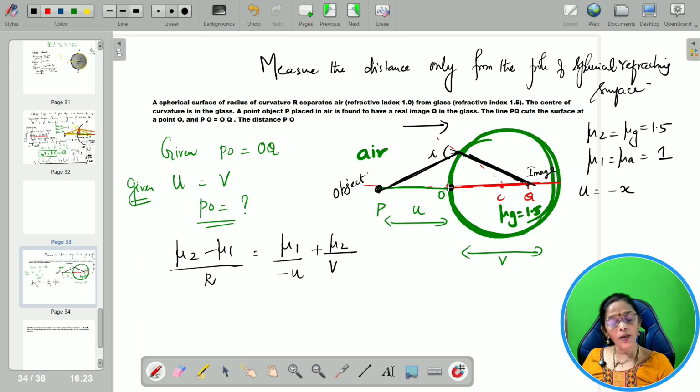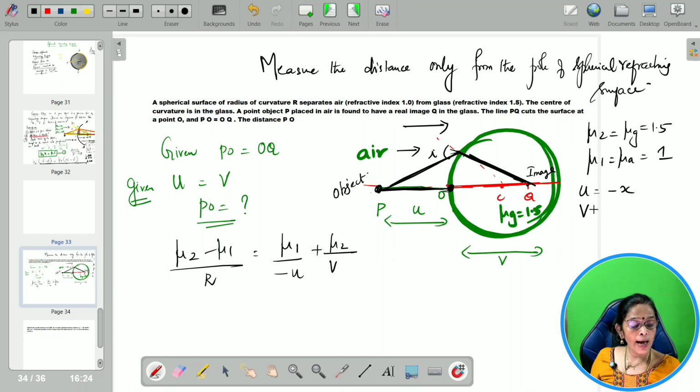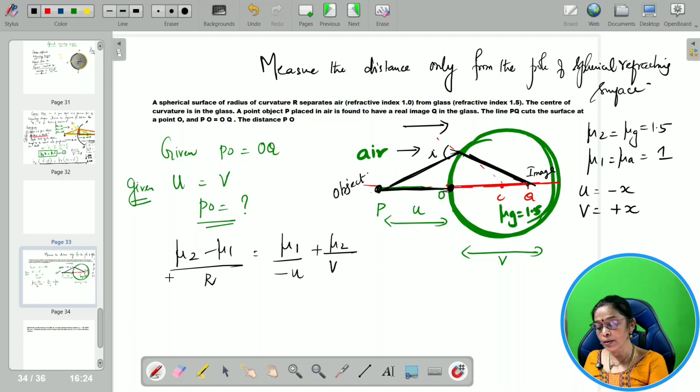I have mentioned the pole as O here as per the question. The light comes from the object, but you have to measure the object distance against the direction of the light. Therefore U is negative and V is equal to plus x. So substituting, you get an answer.